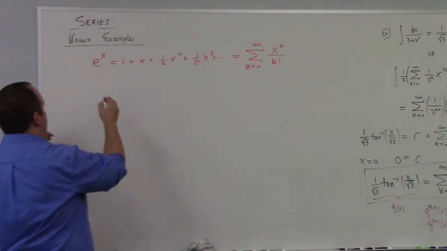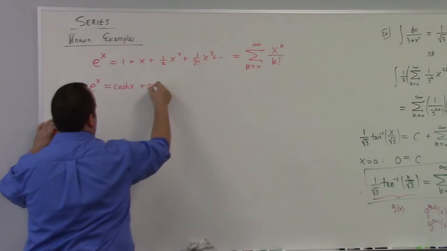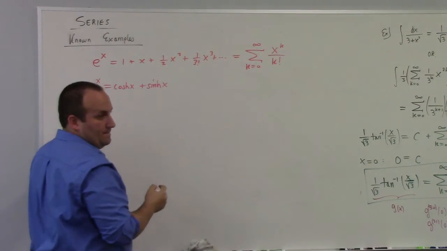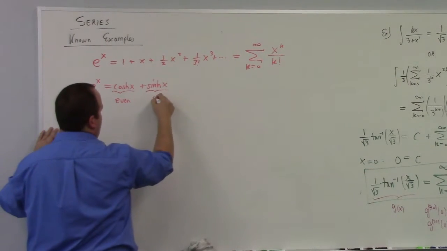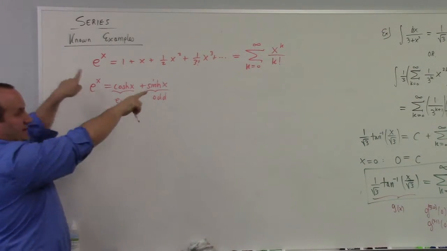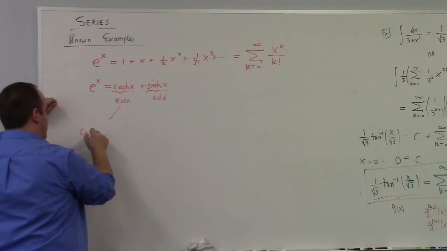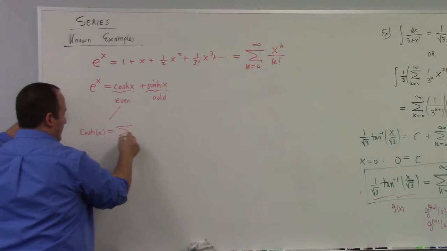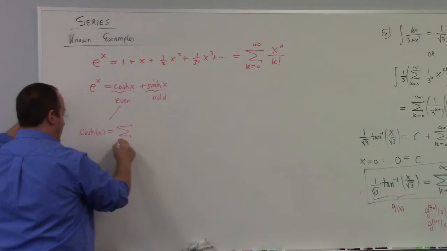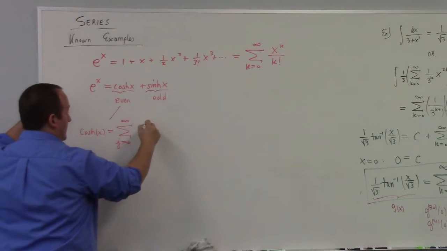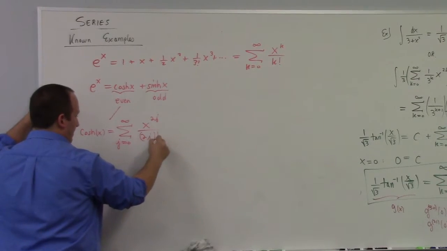The e to the x, remember, is cosh x plus sinh x, right? These are the even, and these are the odd terms in that exponential series above. In other words, cosh x is exactly the sum, let me use j, j equals 0 to infinity of x to the 2j over 2j factorial.